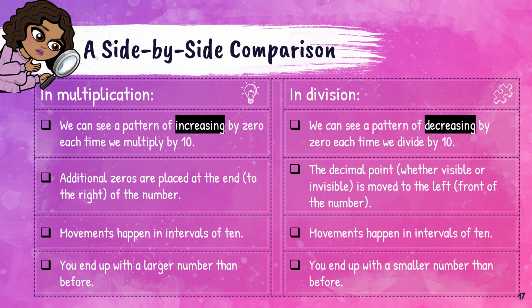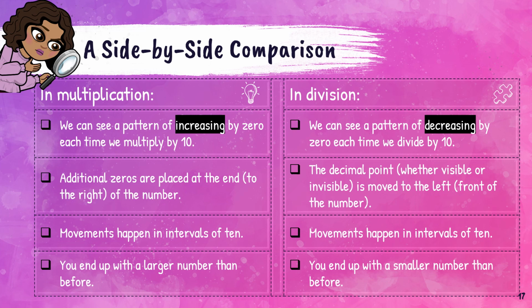In multiplication, additional zeros are placed at the end or to the right of the number. In division, the decimal point, whether visible or invisible, is moved to the left or towards the front of the number. In multiplication, movements happen in intervals of 10. In division, movements also happen in intervals of 10.